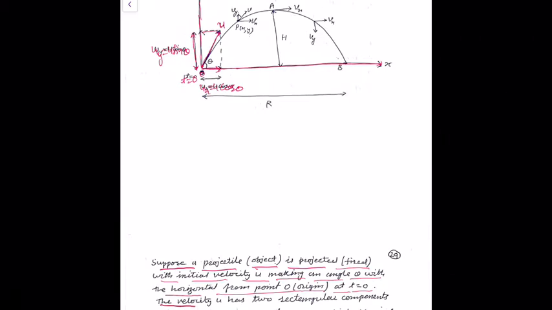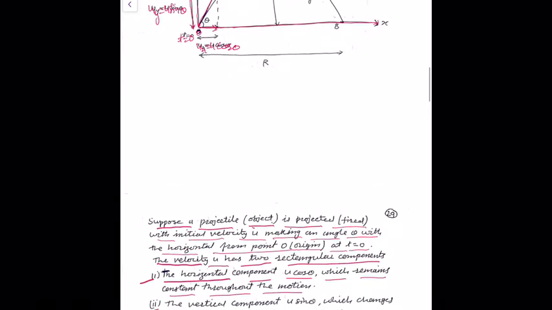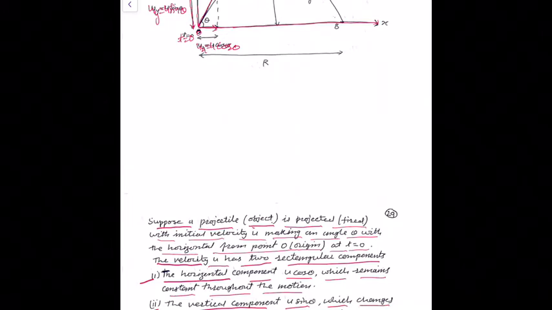Okay, the velocity u has two rectangular components. First, the horizontal component u cos theta, which remains constant throughout the motion. Second, the vertical component u sin theta, which changes with time under the effect of gravity.